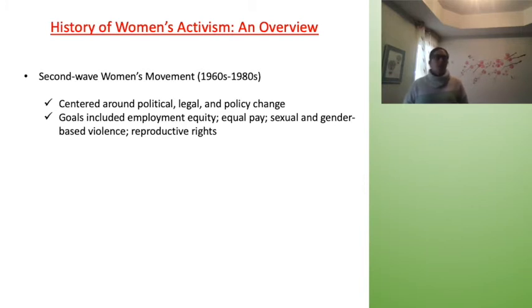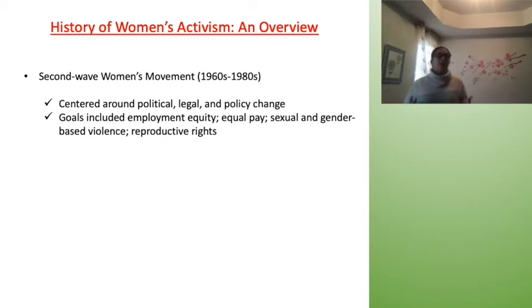So some of the goals of that second wave women's movement were things like changing laws around employment equity and employment laws related to things like equal pay, sexual harassment, domestic violence, sexual violence, laws, supports, and services around those issues.